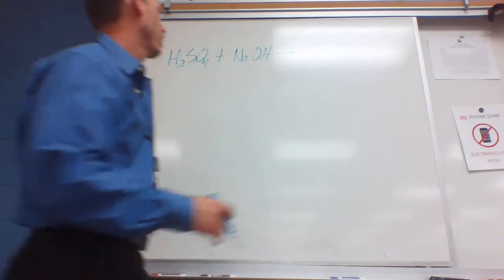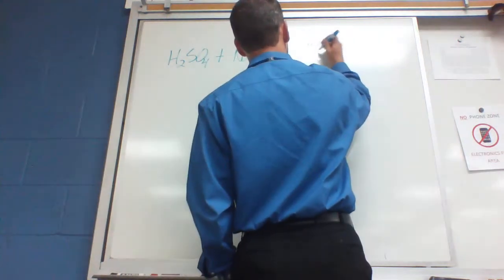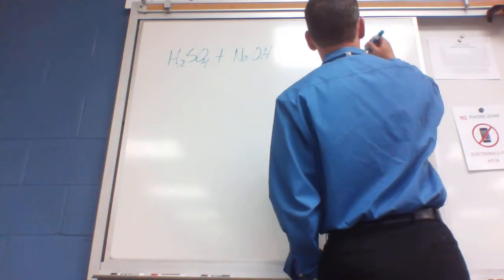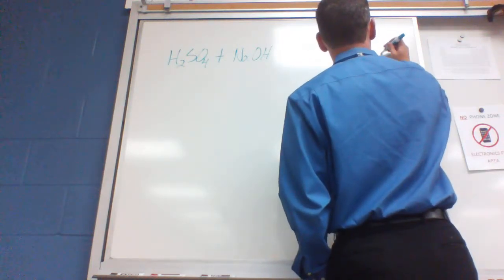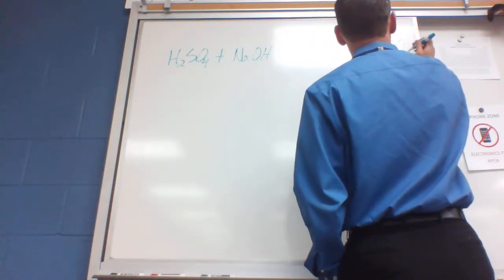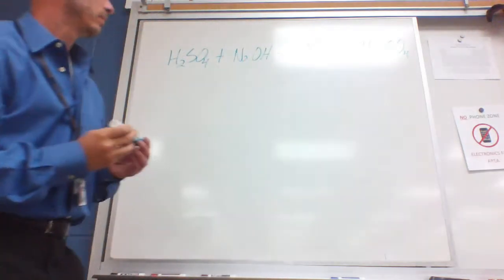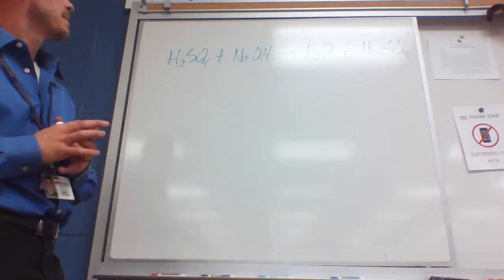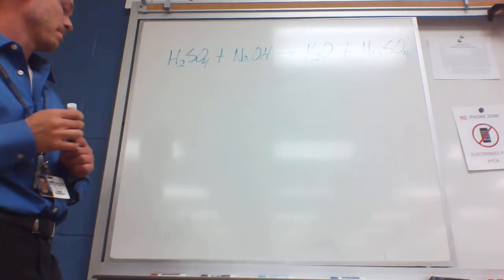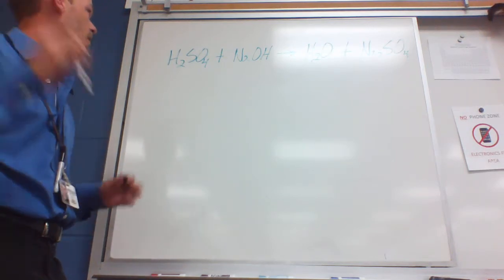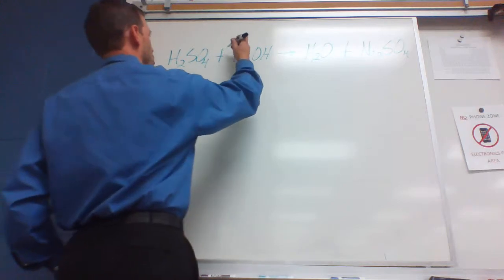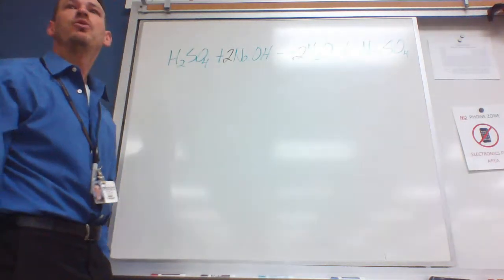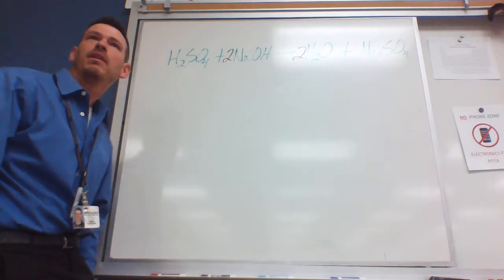So it looks like we're going to have water, of course, and sodium sulfate. Balance the equation. Make sure you do stop me if at any point I write something that you don't understand.